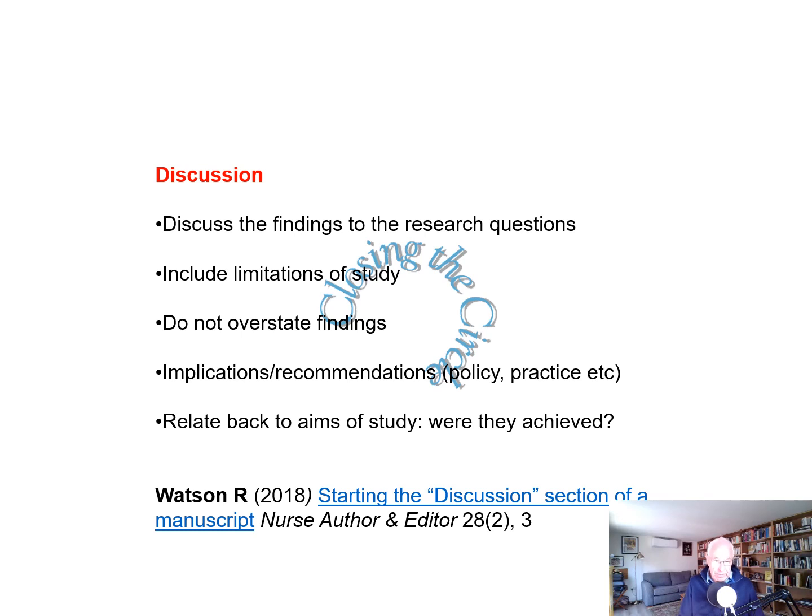So I've already referred to this, but I will reiterate. You should start a discussion section with a restatement of what the aims of the study were. Following that, in a few bullet points, state what the main findings were. Those bullet points, three or four at the very most, can then be used to structure the rest of the discussion.